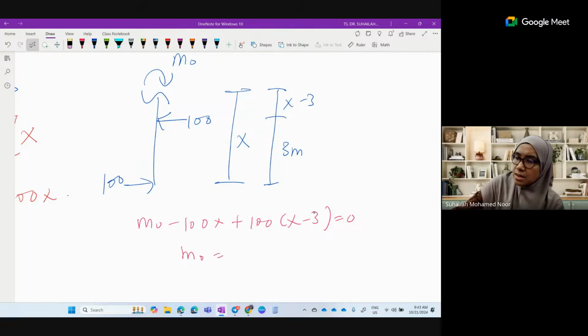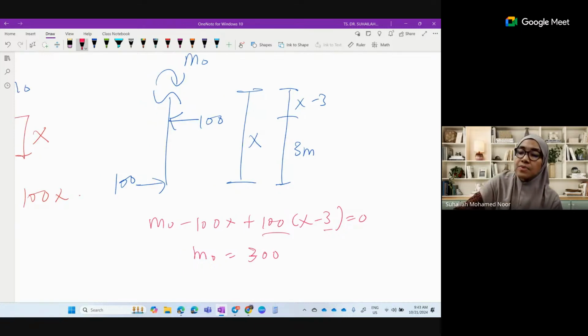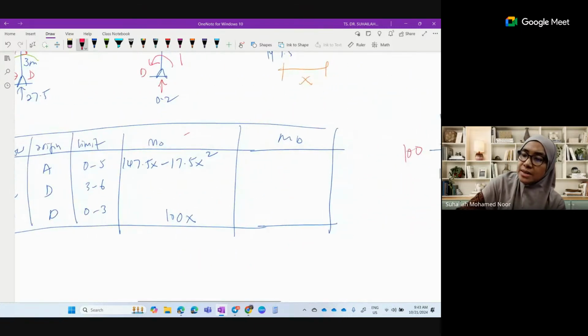So M naught equals 100 times 3, 300. Positive 300. So M minus 300 equals 0, M equals 300. Okay, M 300. So this one is 300.